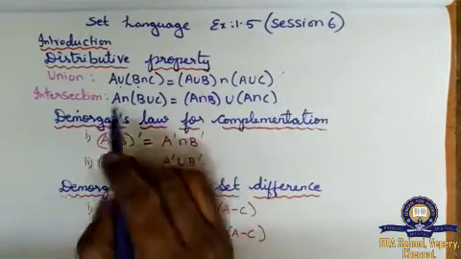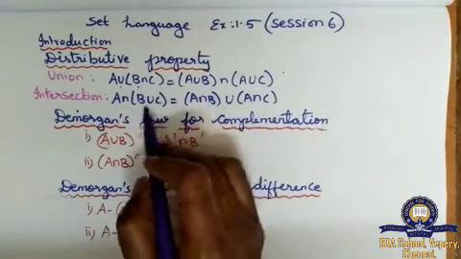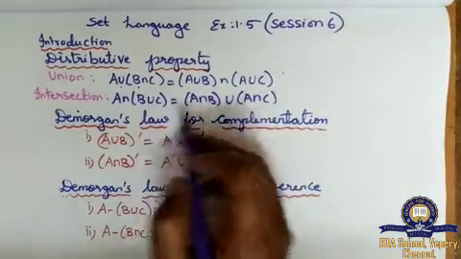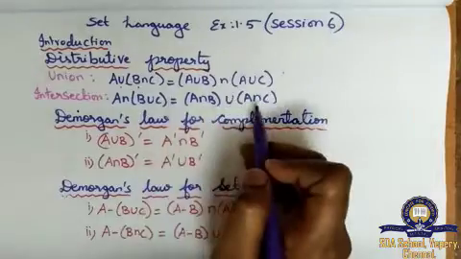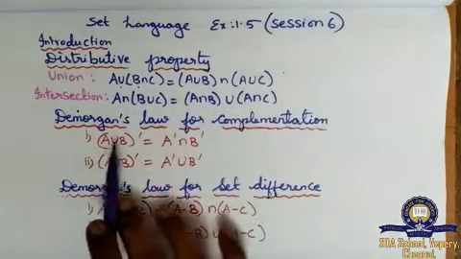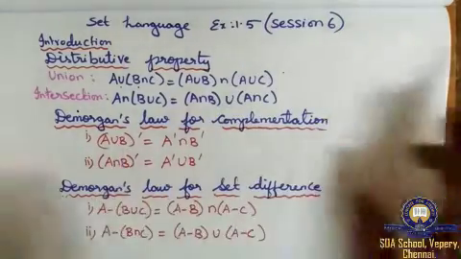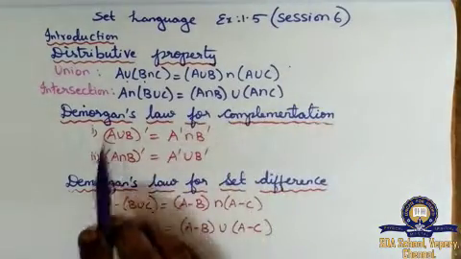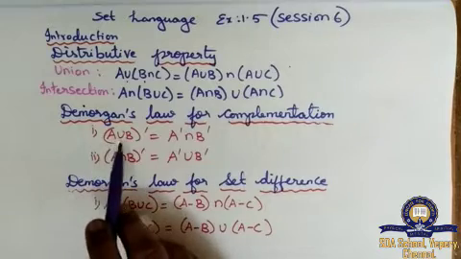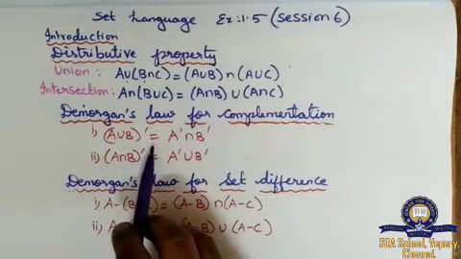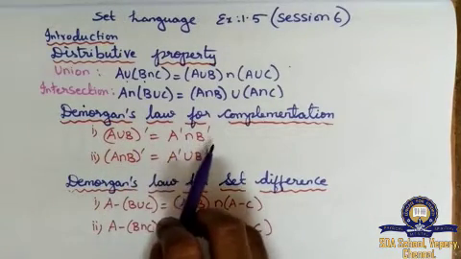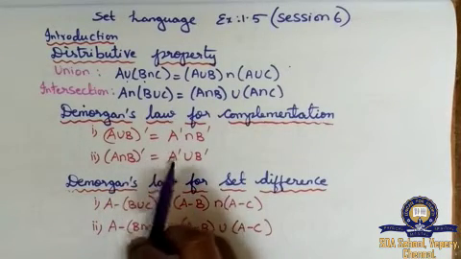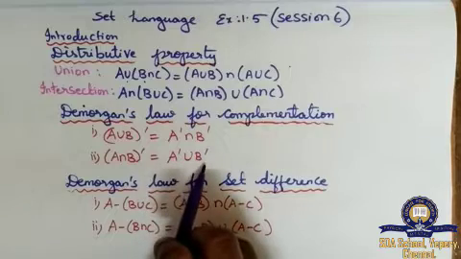Same way for intersection: A intersection B union C is equal to A intersection B clubbing, then the union symbol, then A intersection C. Next, this is the important law for complementation, De Morgan's law for complementation. Here also we have two things: A union B the whole dash is equal to A dash intersection B dash. Second formula is A intersection B the whole dash means A dash union B dash.